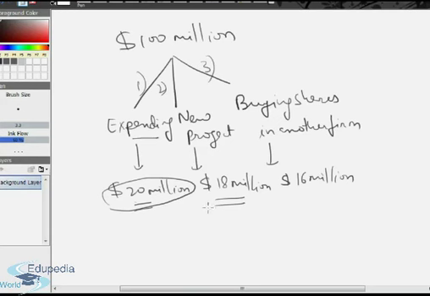Thus, in order to get $20 million, that is the best use, I am foregoing $18 million income. This foregone income, which is earned through the second best use of the resources, is known as opportunity cost.